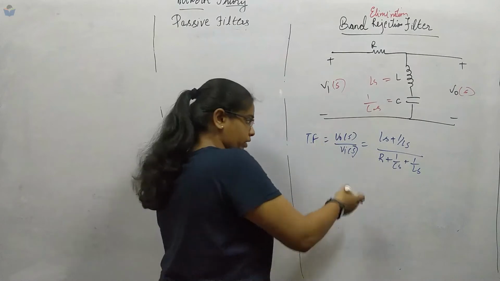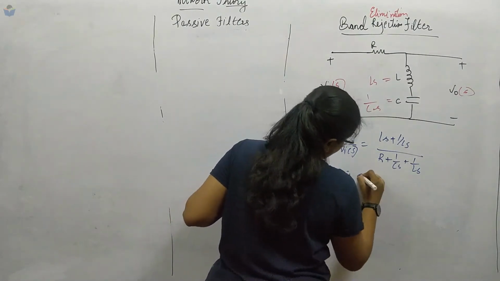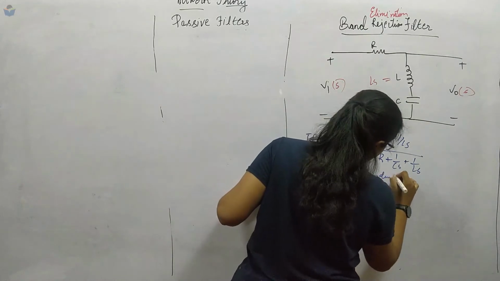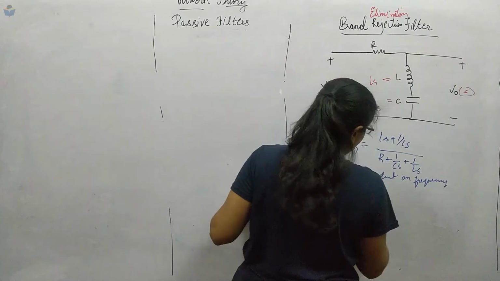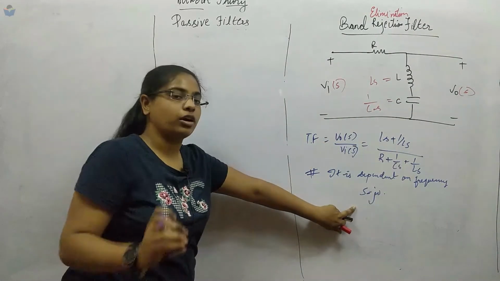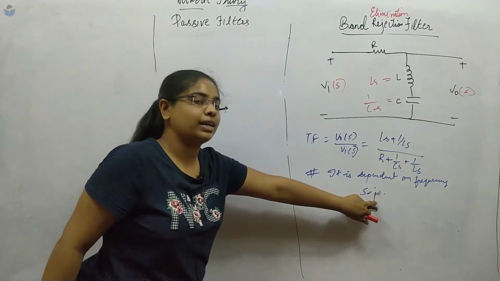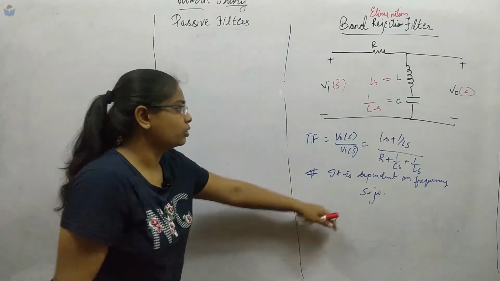When you solve it, you will still get that it is dependent on frequency. Substitute s equal to j omega, and you will not get a constant but some omega term in the transfer function equation. This is homework for you, you can do it.